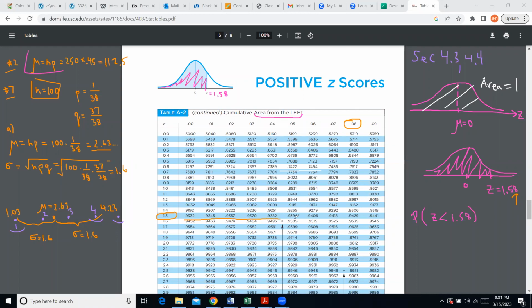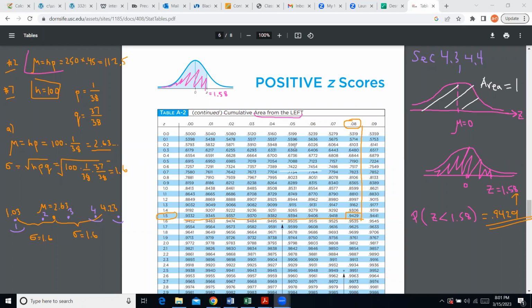So when I follow the row with 1.5 and the column under 0.08, I'm going to see the area, which is 0.9428. That's what the table tells me my area from the left side is.